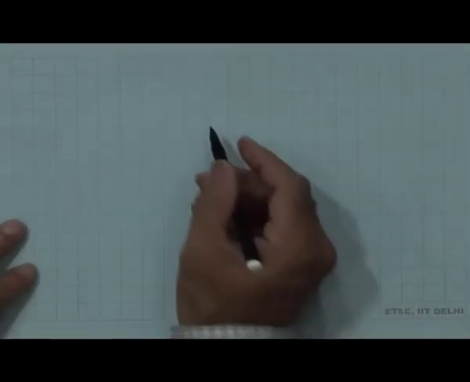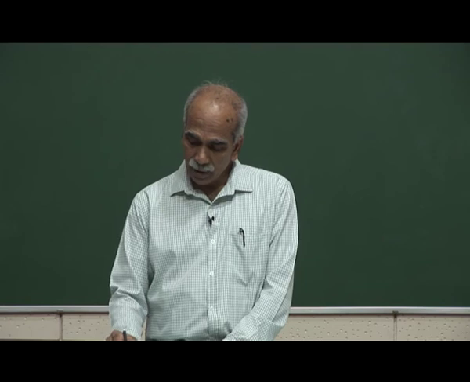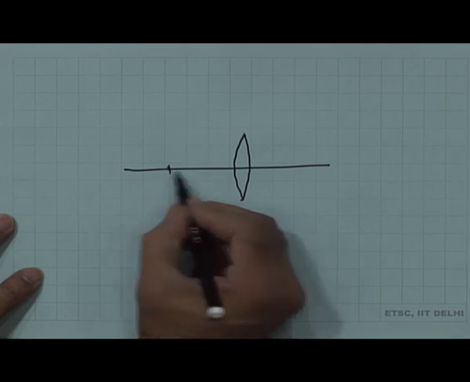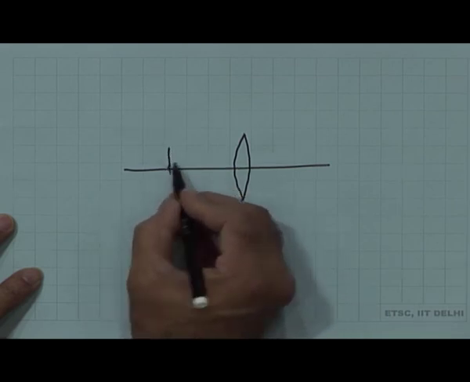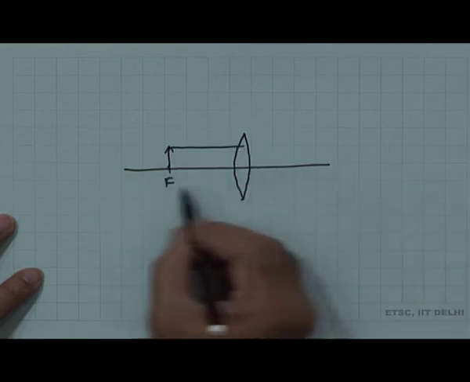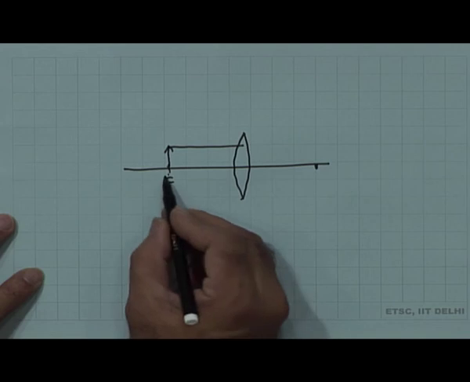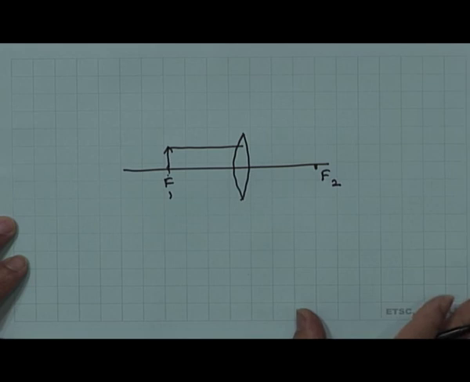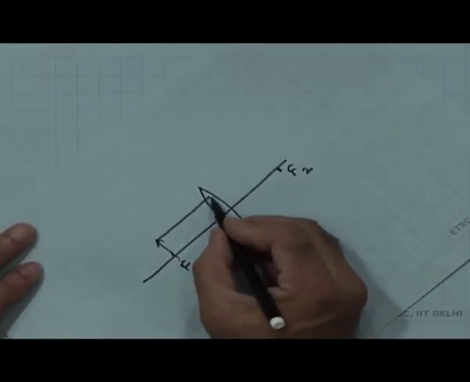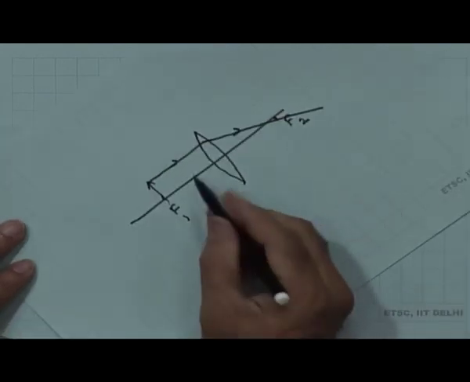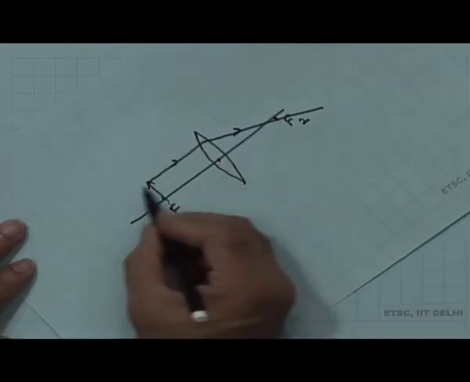Eye focused at infinity means we have the lens here, and this is the focal length, and therefore the object is placed at the focus here. So, we have a parallel ray coming here. There is a focus here, which means at the same distance the second focal point here. So, this is f1 and f2, we recall, and the ray would pass like this through the focus, and we take a parallel ray which is also passing from here.